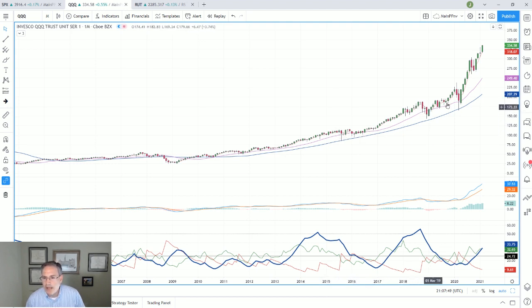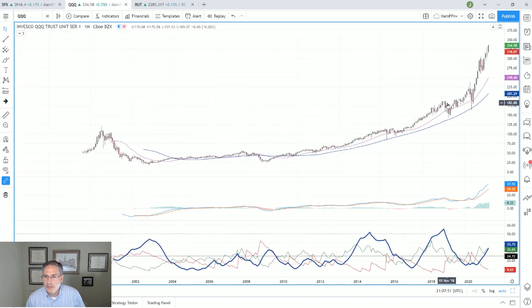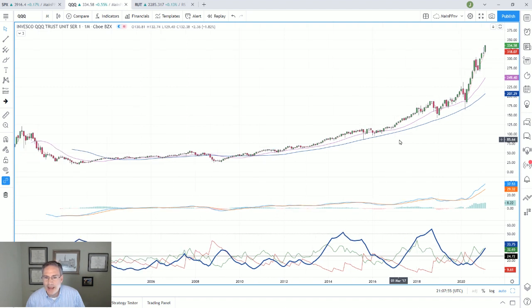And then we've pulled back. You start to look at this on a bigger picture, and yeah, it's getting up there. You have to accept that. The problem I have with calling a top in the QQQ is, yeah, it's overbought, but you could have said it was overbought numerous times along the way, and all it's done is pause and go again.